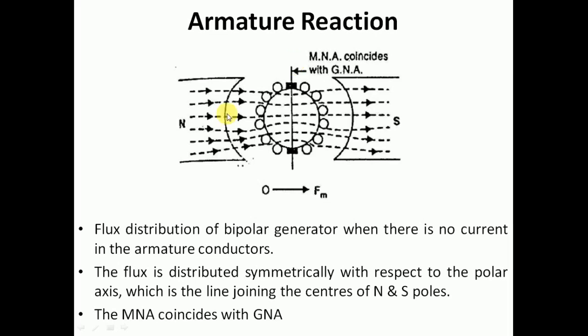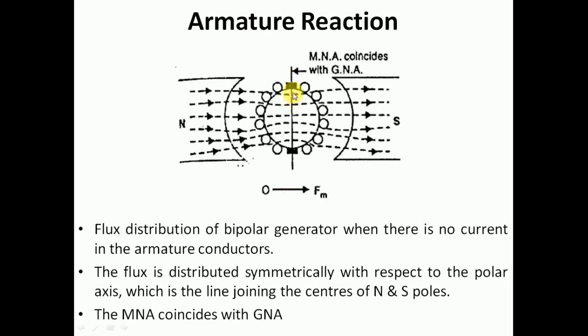Geometrical neutral axis is defined as a line which is perpendicular to the line joining the centers of this north pole and south pole. The position of the geometrical neutral axis is always fixed, whereas the magnetic neutral axis is defined as the line along which no EMF gets induced, as this line moves parallel to the main flux or the flux lines.